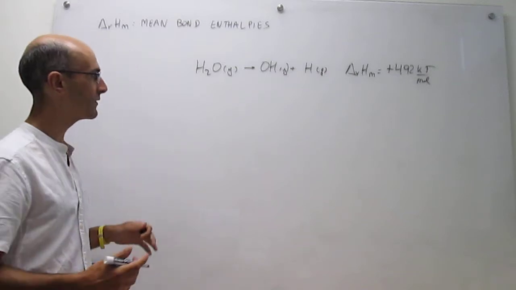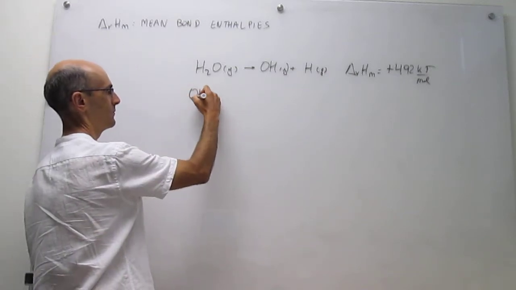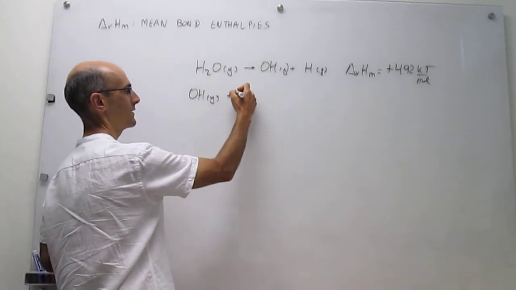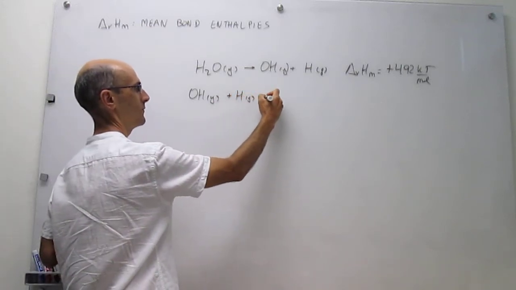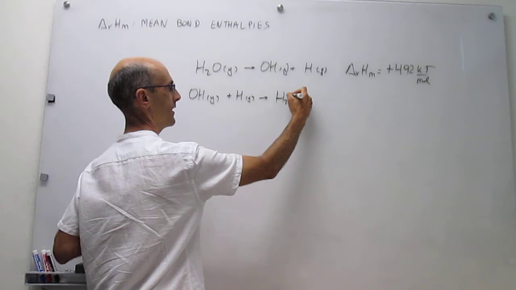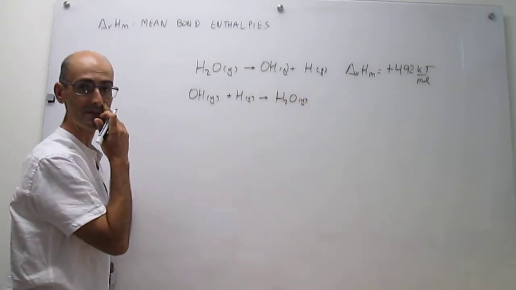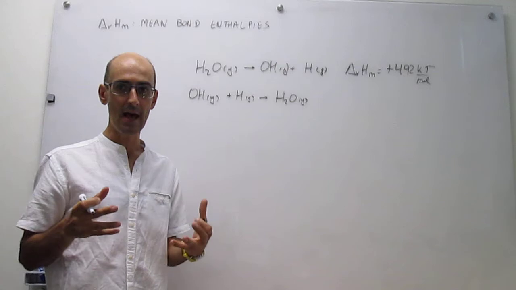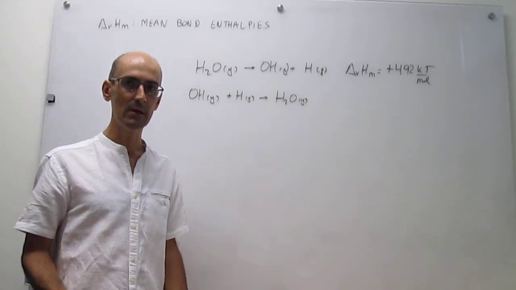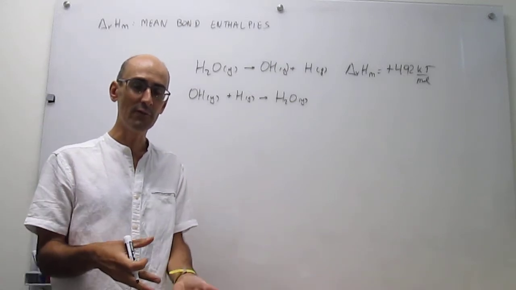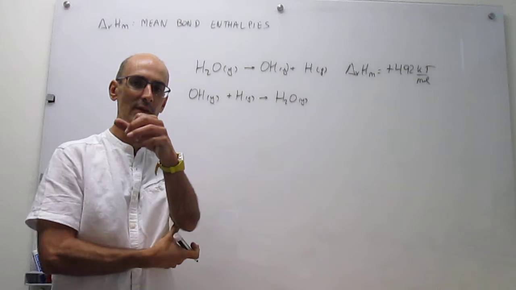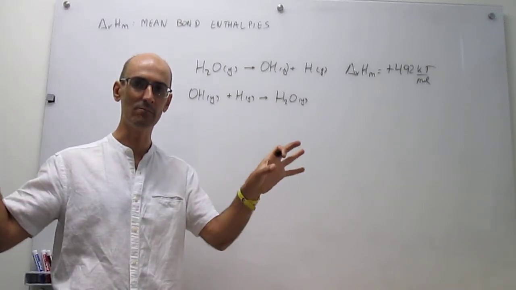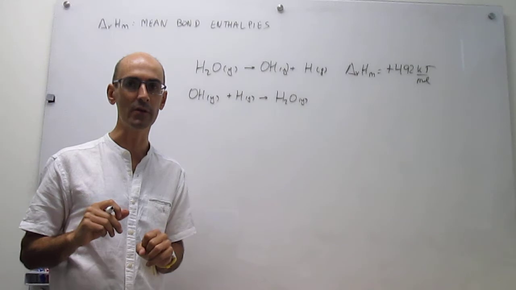Now we can think about the reverse reaction, right? So let's think about the reaction in which we have hydroxide in the gas phase and a proton, and the reaction is the one in which you form water, right? So the only thing that is taking place in this reaction is the formation of a bond, and this should release energy because the bond is much more stable than those two electrons just being separated and not interacting with each other, right?